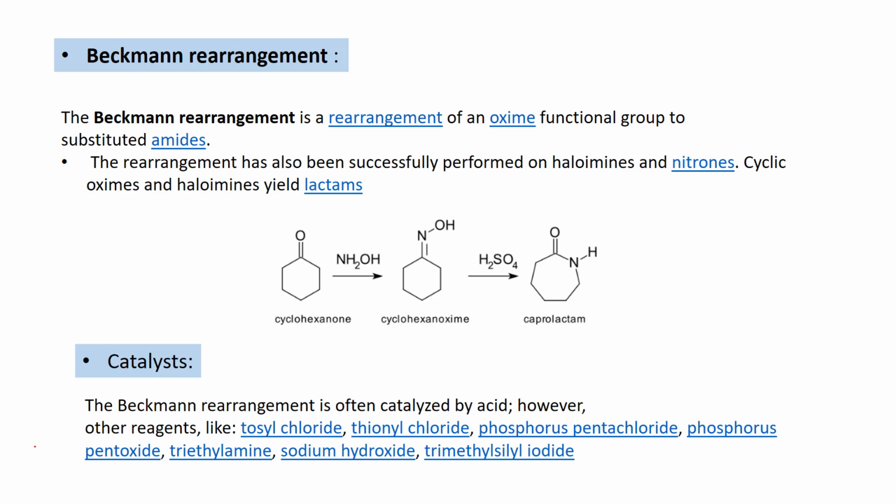So in the Baeyer-Villiger reaction, if you have a cyclic ketone and perform Baeyer-Villiger oxidation, you will get a cyclic ester.